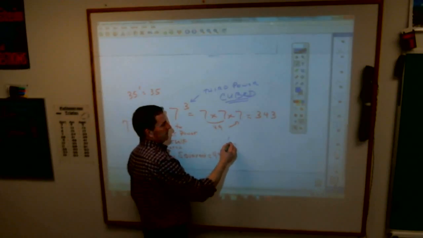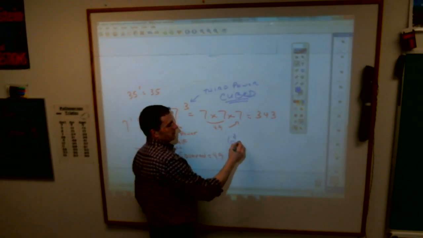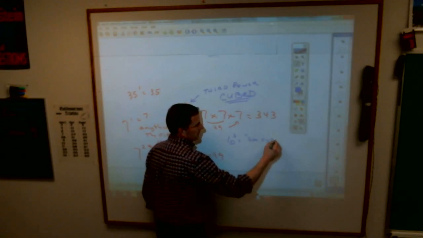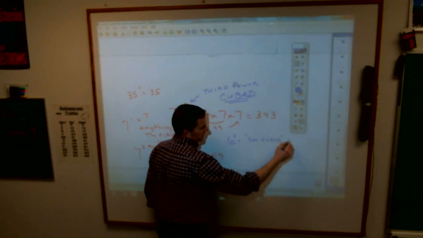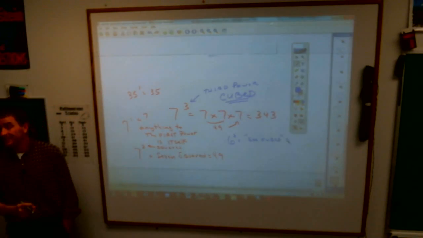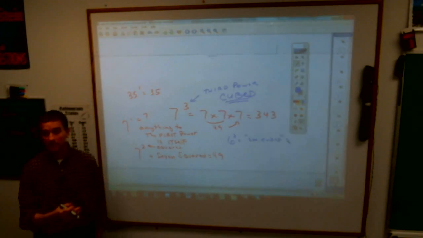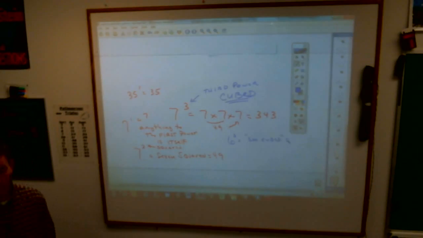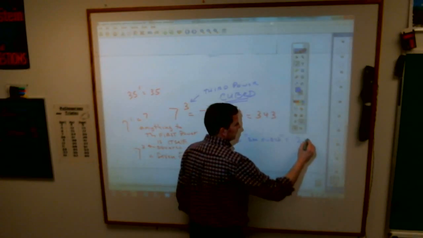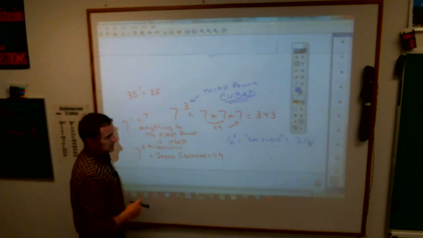So if I had 6 to the third power, you would say this as 6 cubed. And guess what 6 cubed is? Please don't say 18, it's not 6 times 3, it's 6 times 6 times 6, which is 36 times 6. How about 216, is that right? 216.